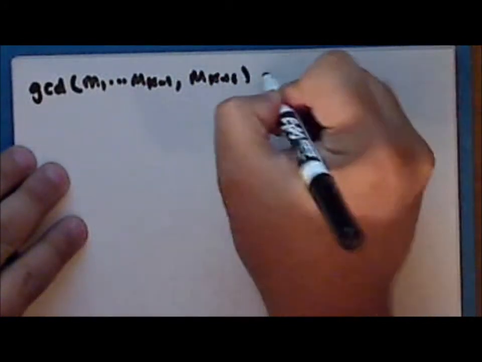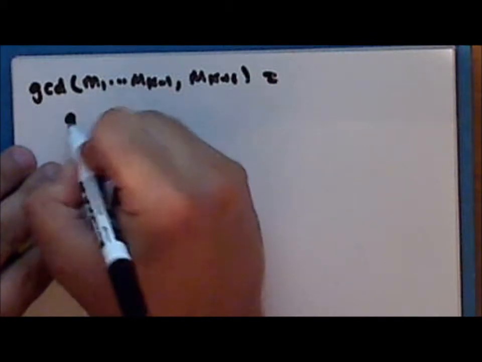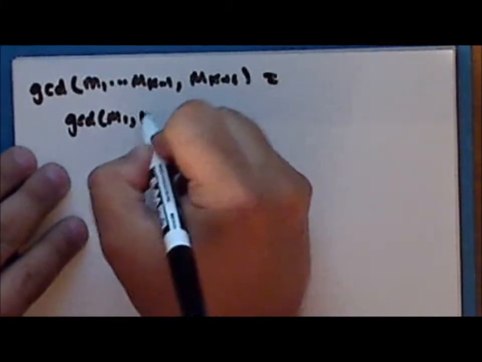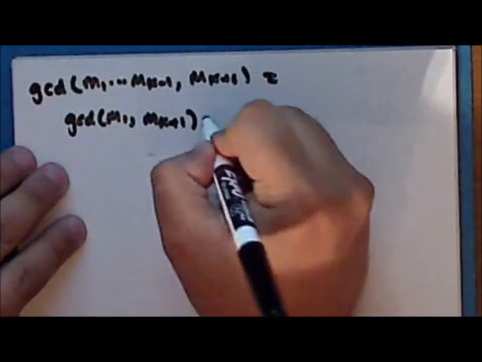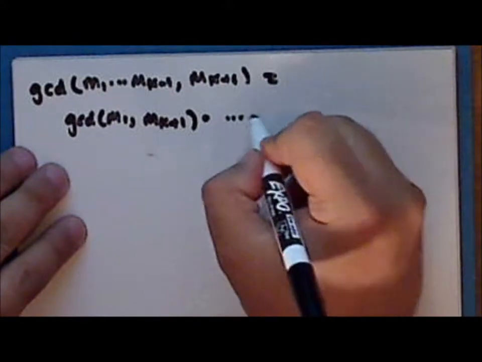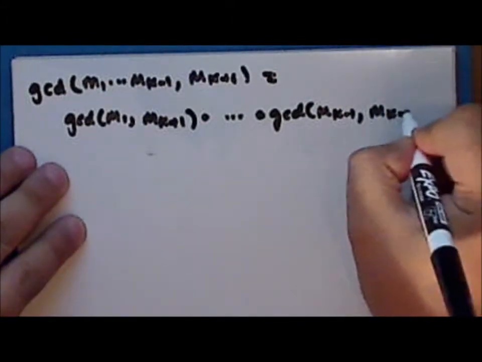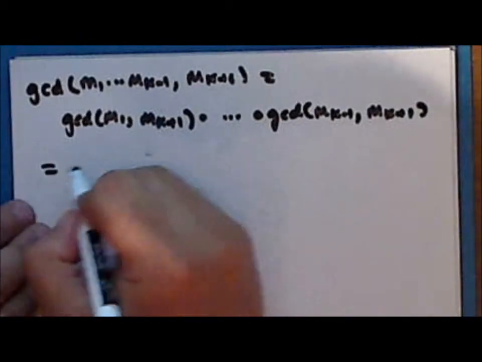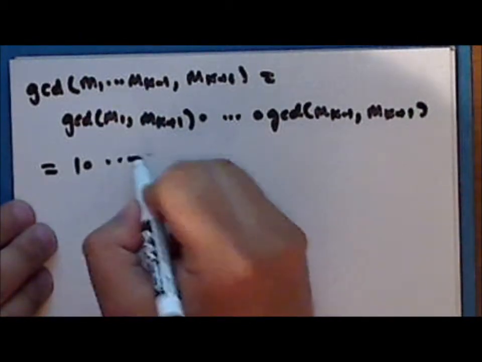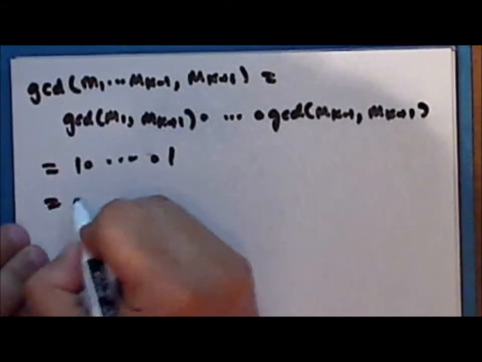the greatest common divisor of the product m sub 1 through m sub k minus 1 and m sub k plus 1 is equal to the product, the greatest common divisor of m sub 1 and m sub k plus 1 times, and so on through the greatest common divisor of m sub k minus 1 and m sub k plus 1, which is 1 times, and so on through 1, which is 1.